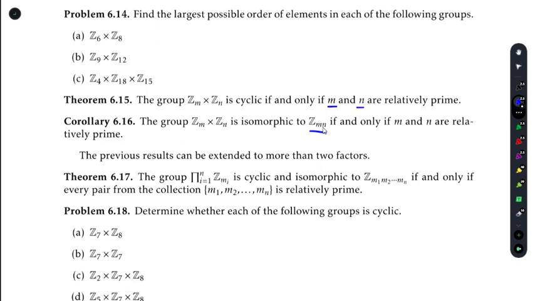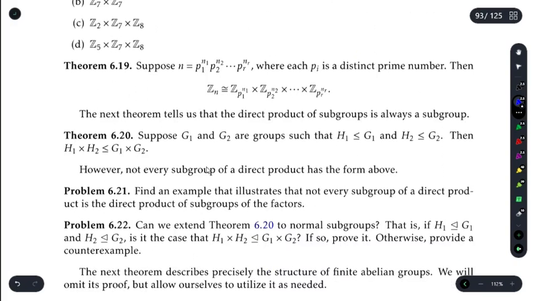Okay, so real quick, if we have G1 and G2 are groups, and we're looking at their direct product, then what is true about subgroups?